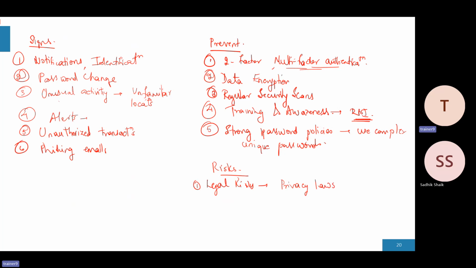There could be fines, as data protection regulations are not being followed rigidly, and regulators and authority bodies might charge those fines. So legal risks need to be taken care of and given priority.